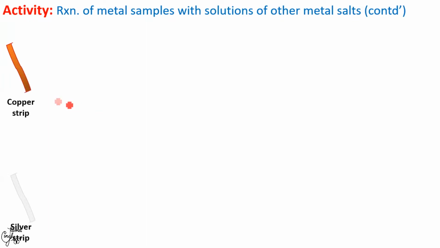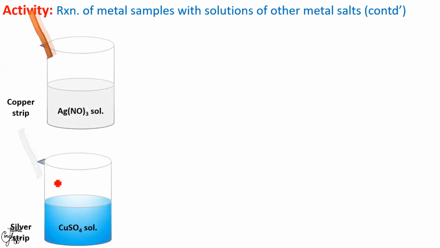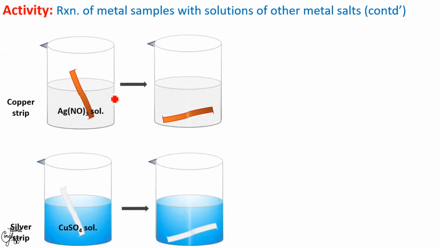If we take copper and silver metals, say in the form of thin strips or wires, and place them in the solution of silver nitrate and copper sulfate respectively. Here silver nitrate is colorless whereas copper sulfate is light blue in color.